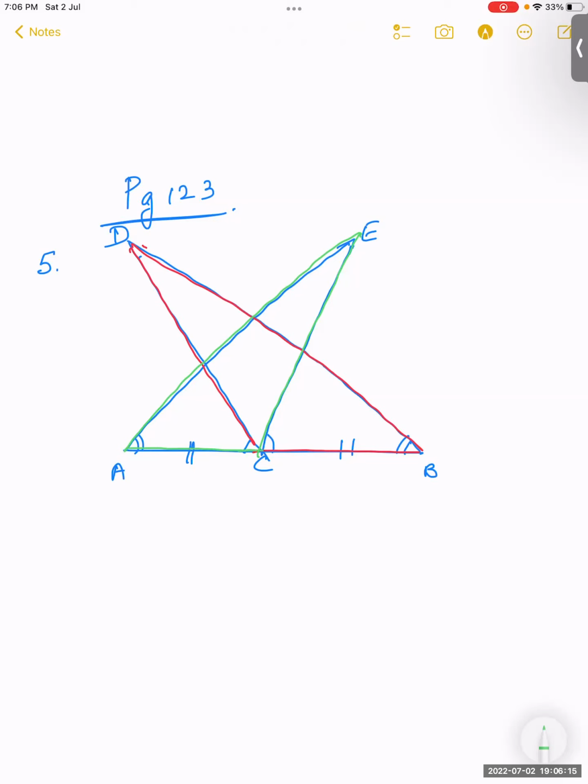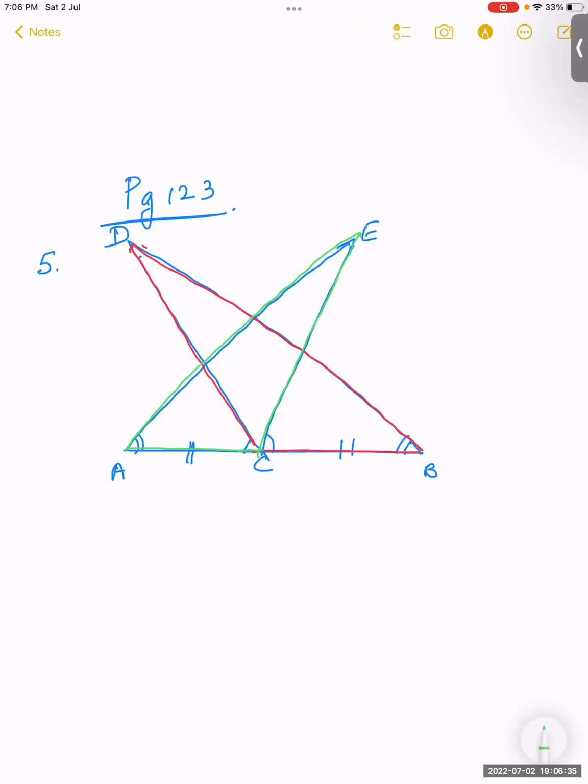When you look in the figure, don't you think side AC and side BC are sides of those two triangles, right? AC is one triangle's side, whereas BC is the other triangle's similar side. They are equal. So one thing is clear.